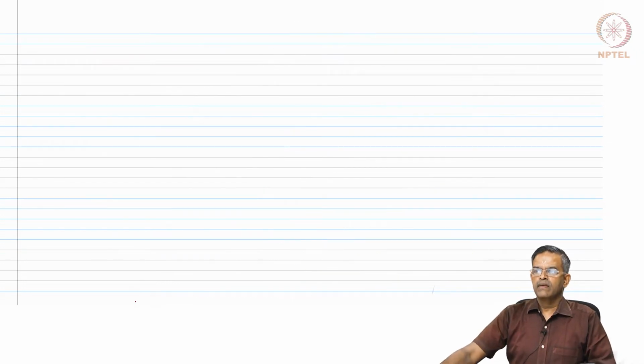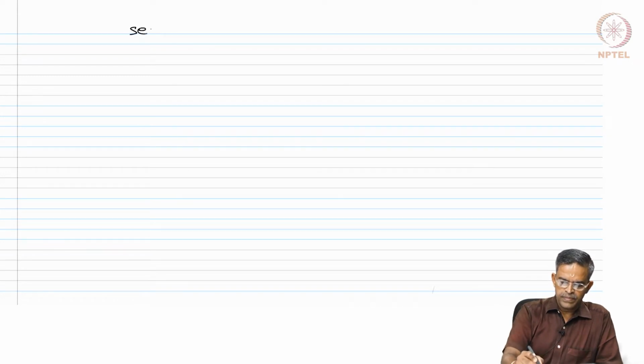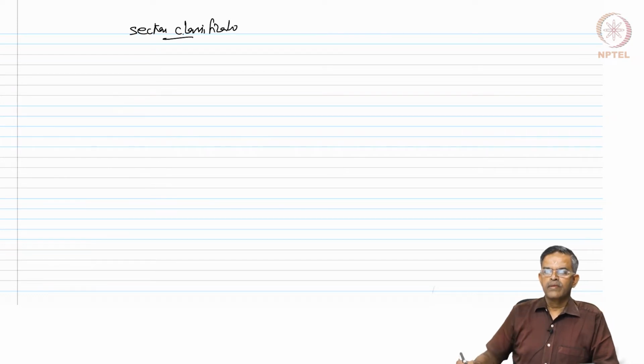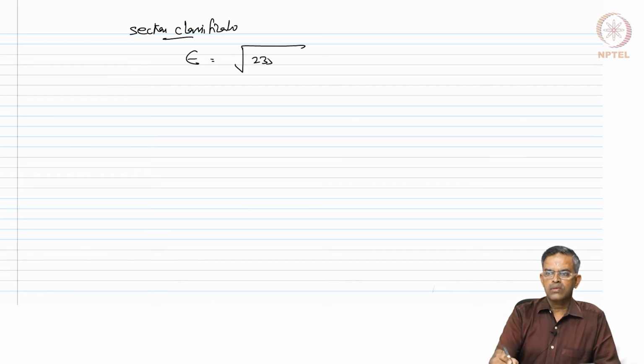Now, let us come to section classification. Section classification depends on square root of 235 by Fy, which comes to 0.92.